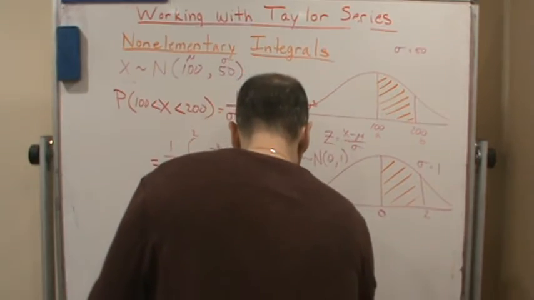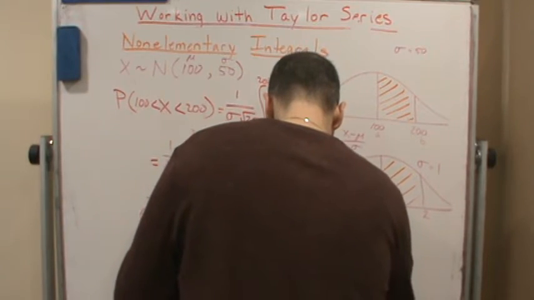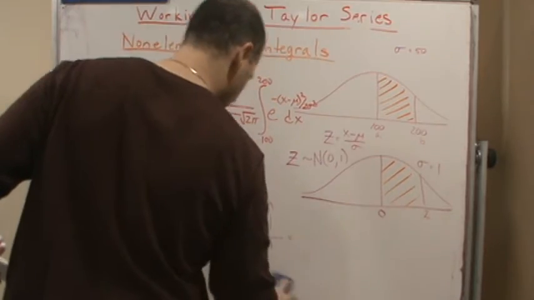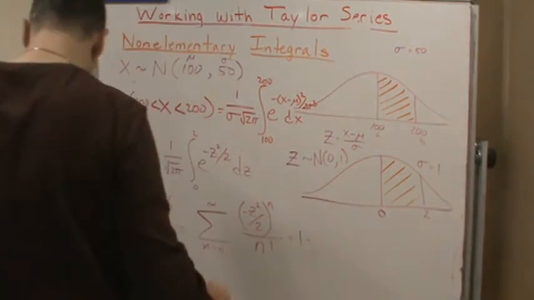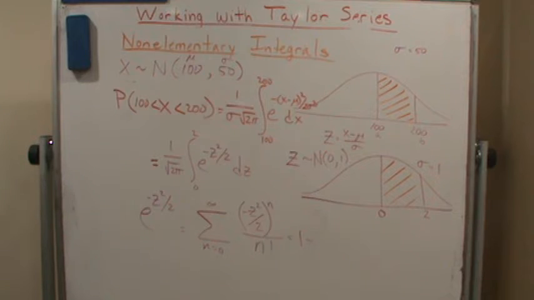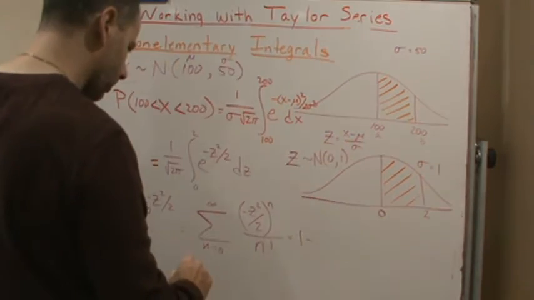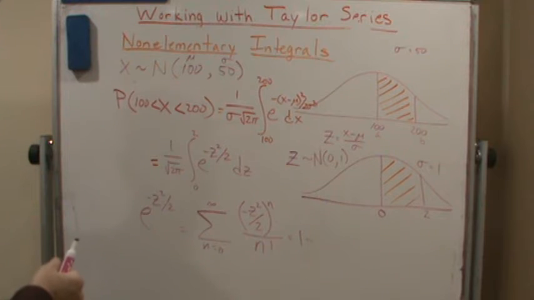This is equal to 1 minus x squared, or z squared rather, because we're using z. So that'll be z squared over 2 over 1.